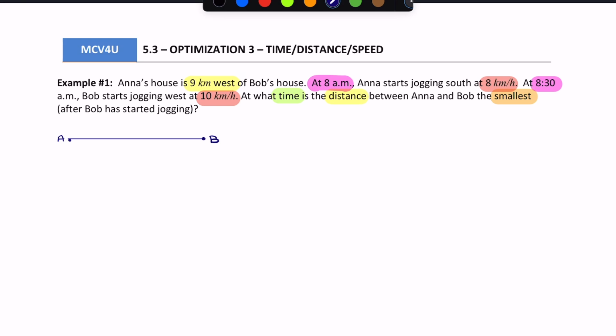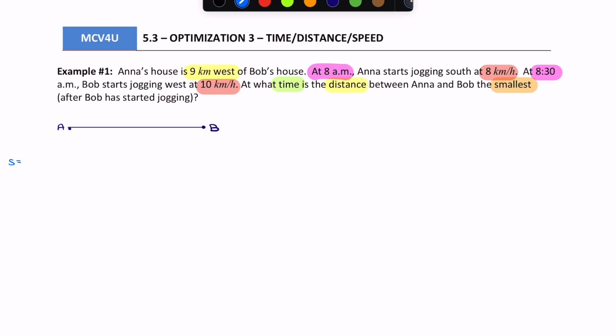Again, at 8 a.m., Anna starts jogging south at 8 kilometers per hour, so we'll write the speed is equal to 8 kilometers per hour. And Bob at 8:30 a.m. starts jogging west at 10 kilometers per hour. So Bob's speed here is equal to 10 kilometers per hour.